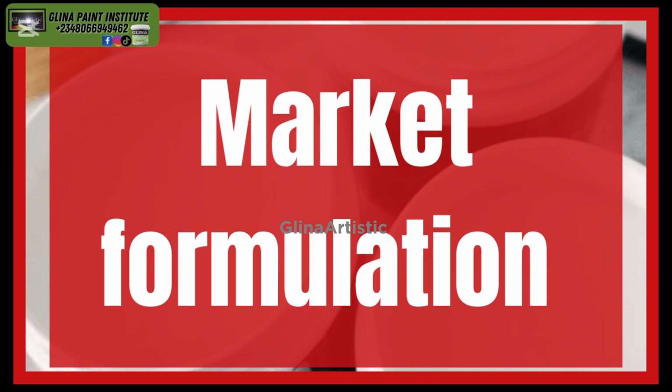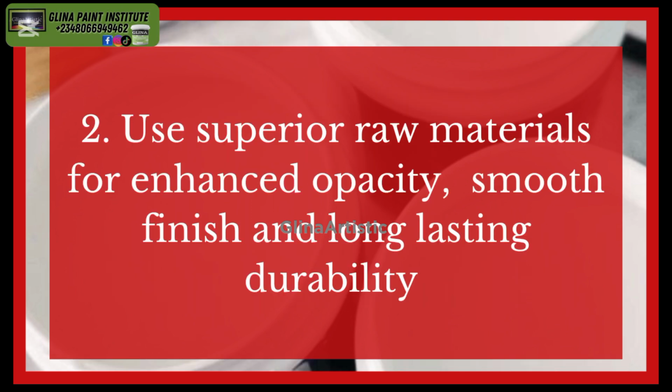Number 2, use superior raw chemicals for essential opacity, smooth finishing, and long-lasting durability. What is long-lasting durability? We talked about washable. Is it washable? Repeatedly cleaning without damaging. That is the long-lasting durability.